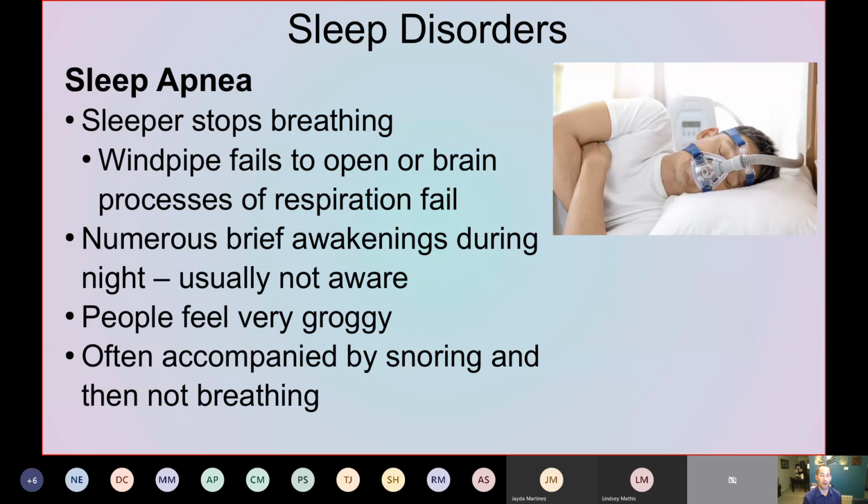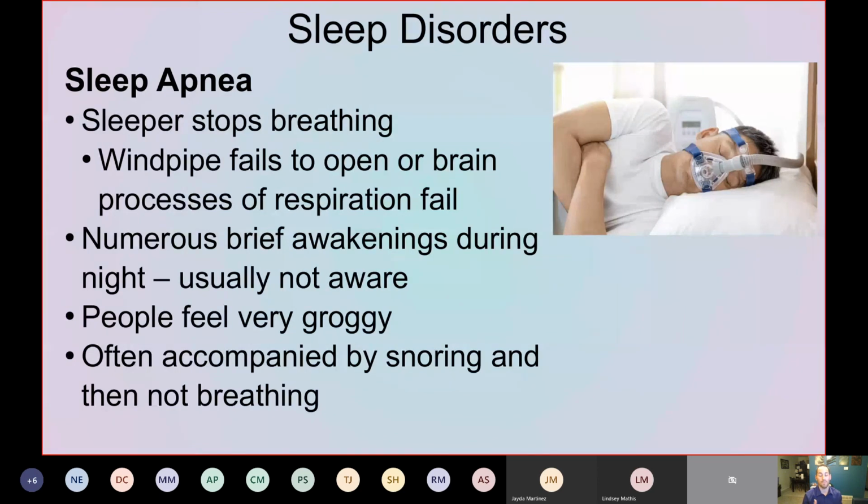If someone snores a lot, so let's say you're sleeping next to a roommate or a partner or a child, and they're snoring really loudly, and then it seems like they aren't breathing for like 20 seconds to 60 seconds, and then all of a sudden they kind of gasp and then start snoring again, it's pretty likely that they have sleep apnea and should get treated.